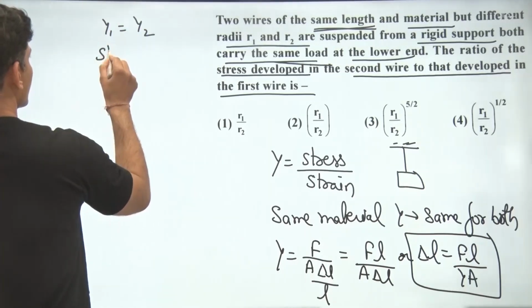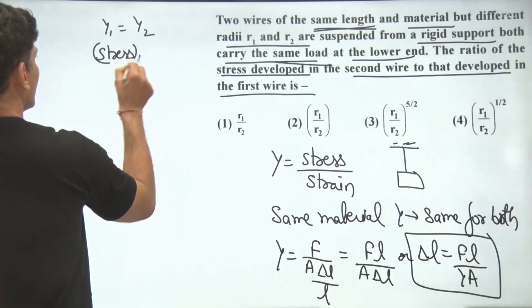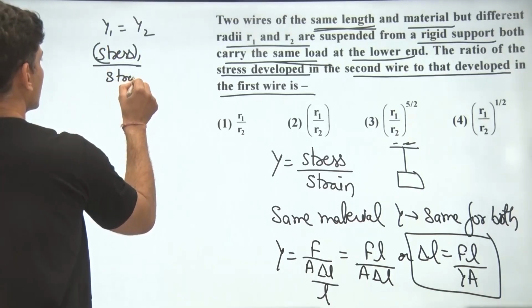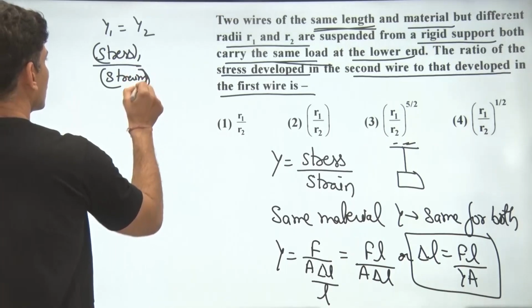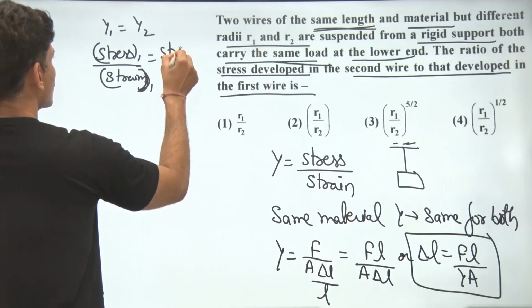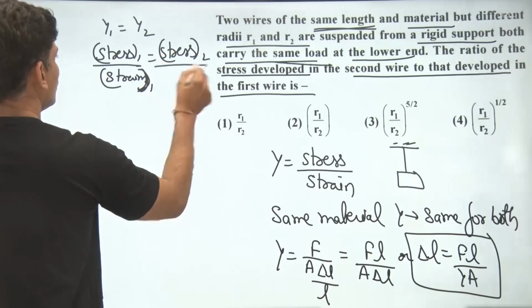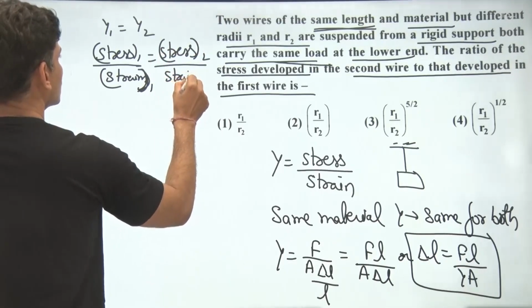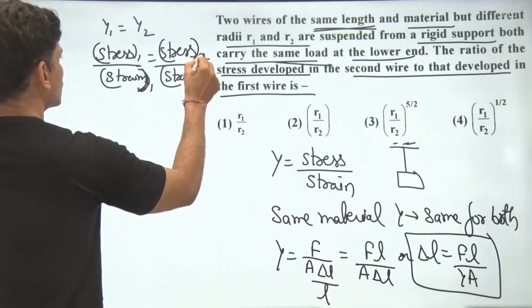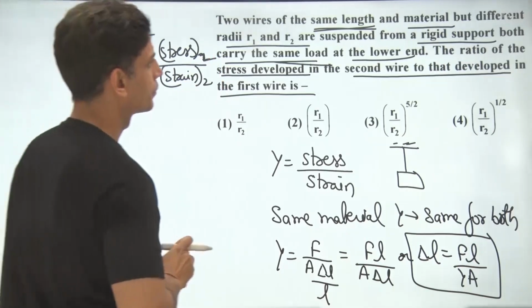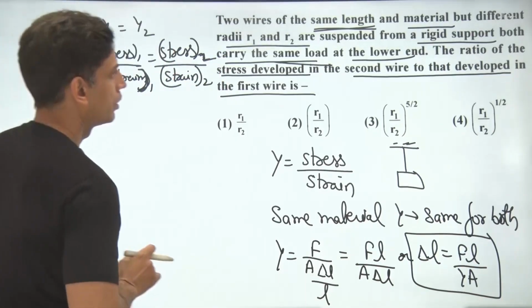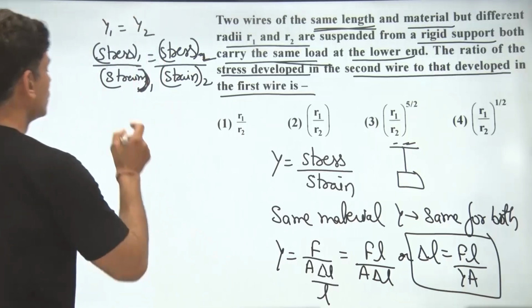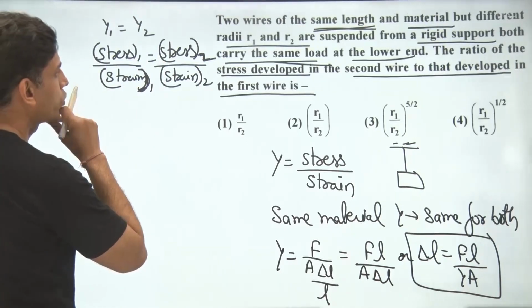So stress in 1 upon strain in 1 is equal to stress in 2 upon strain in 2. Now stress is force upon area.